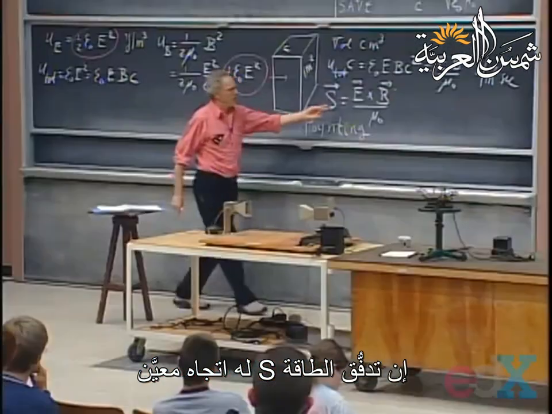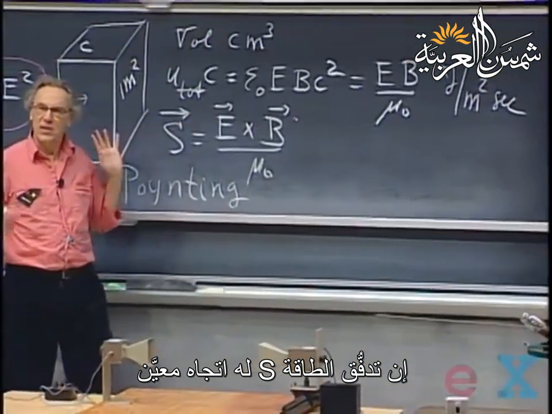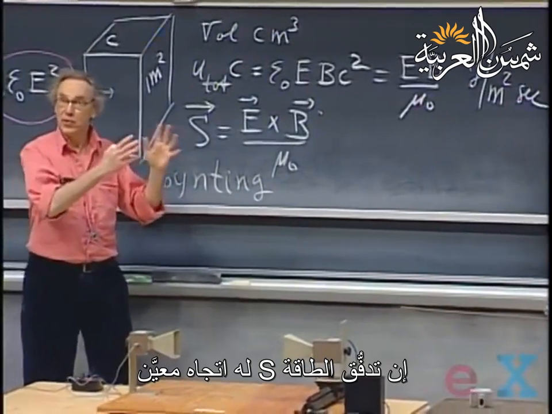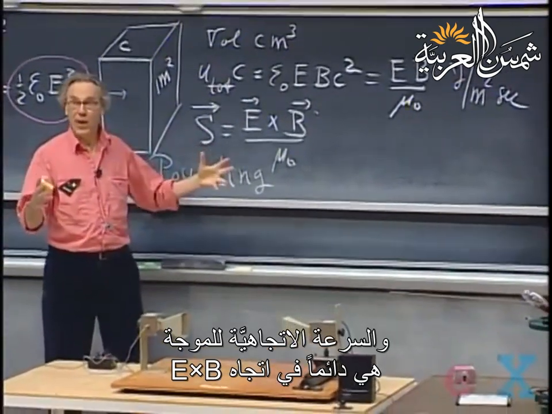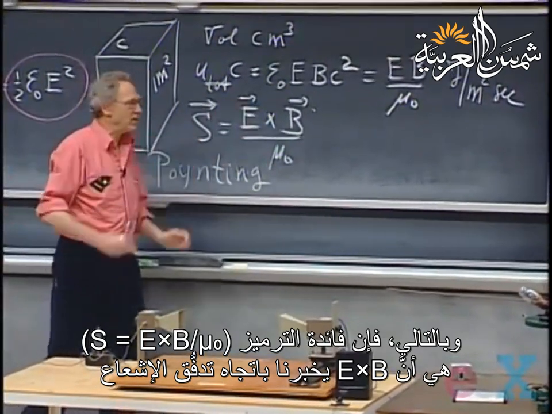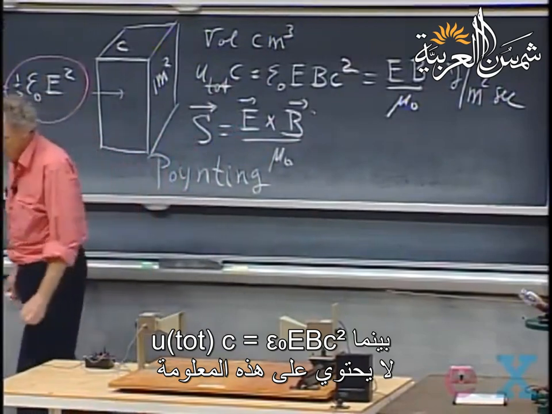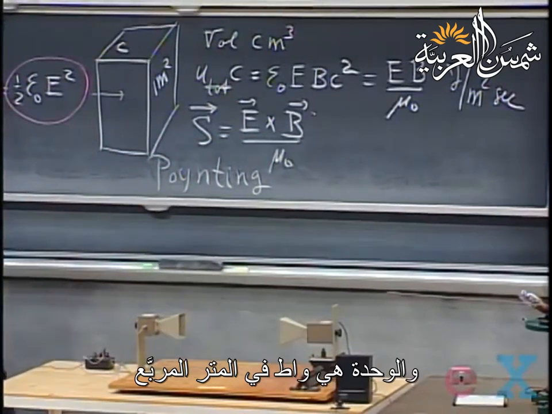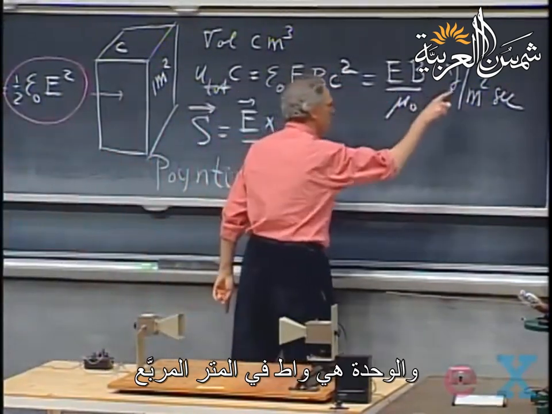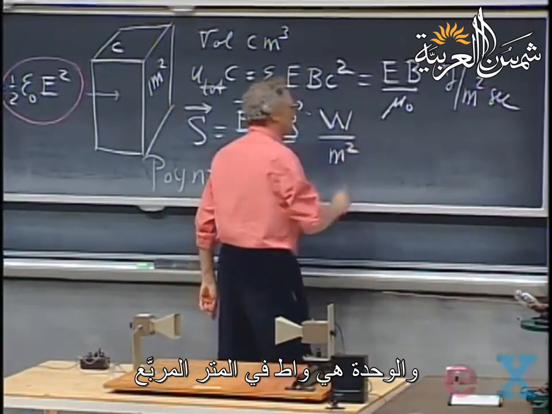The advantage of this notation is that S, which is the energy flux, goes in a certain direction. And the velocity of the wave is always in the direction of E cross B. So it also tells you in which direction the radiation is flowing, whereas here you lack that information. And so this, to remind you, is in these units, which is watts per square meter.